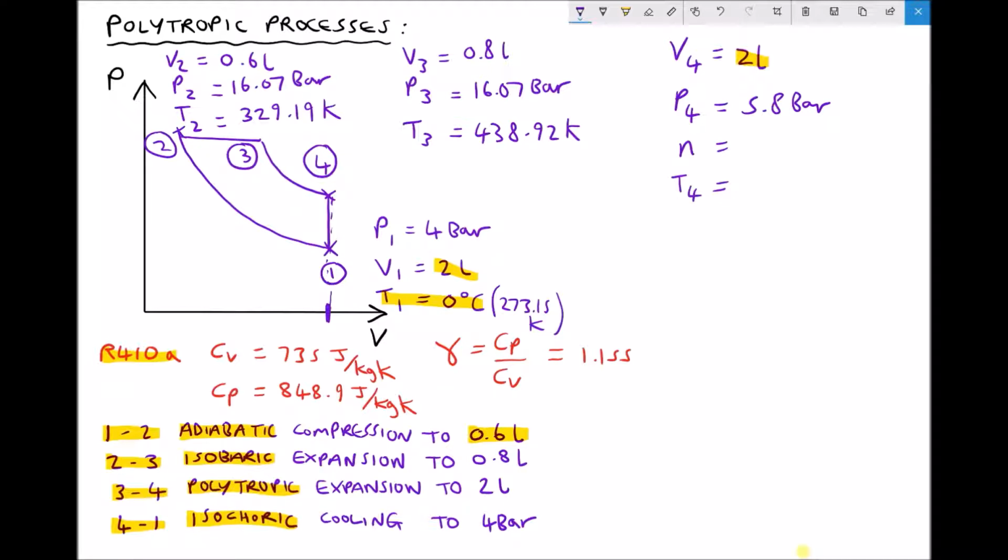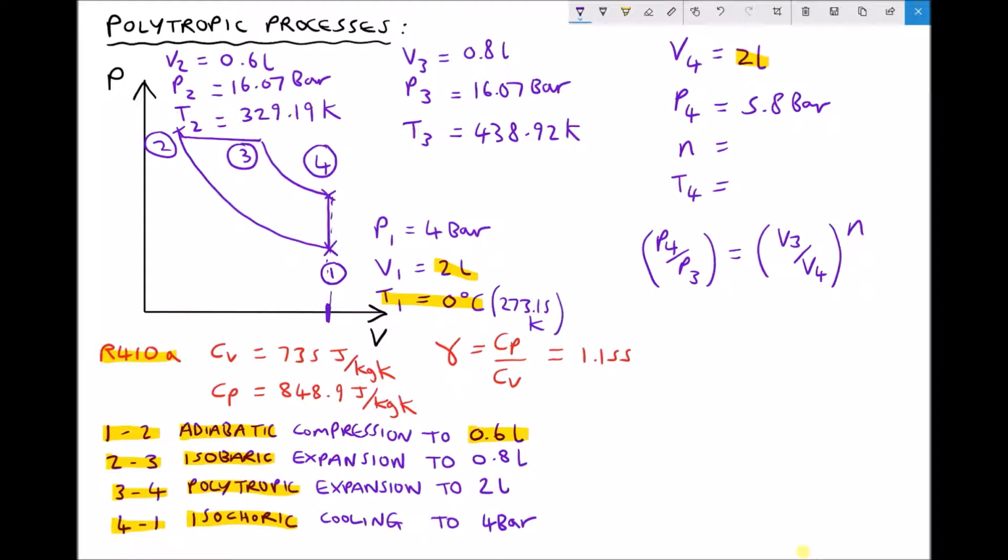So because we know the volume and pressure at position 4, and we know the volume and pressure at position 3, we can use the polytropic formula that we saw previously. We can use P4 over P3 equals V3 over V4 to the power of n.